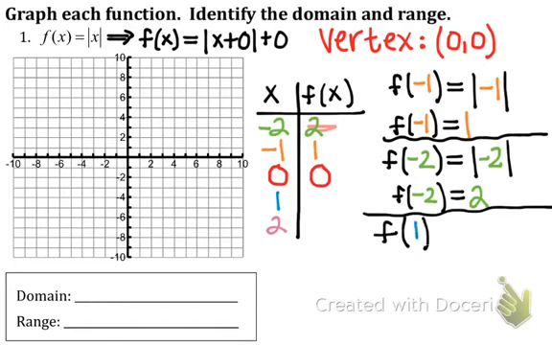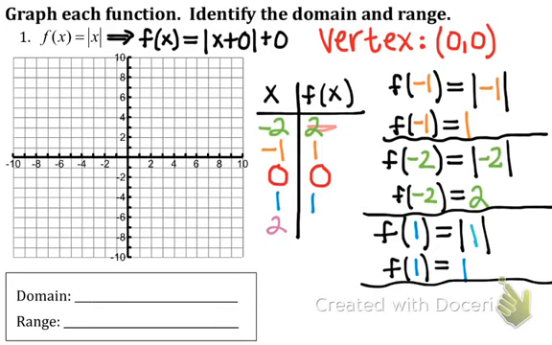Next, I'm going to move down the table and work with f of 1. f of +1 is the absolute value of 1, which turns out to be 1, because just because it's positive, it stays positive, because remember absolute value is the distance from 0. So f of positive 1 is positive 1. And we have one more, and that would be f of positive 2. f of positive 2 is equal to the absolute value of 2.